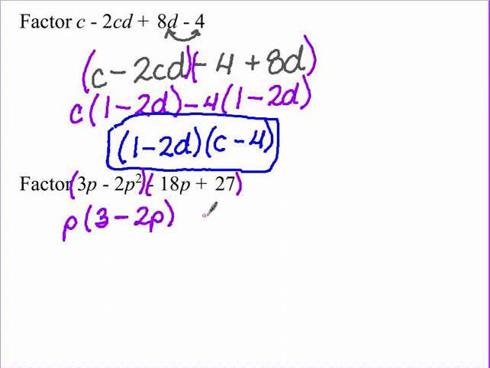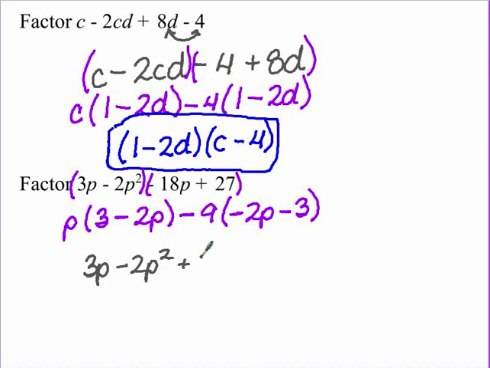What can you take out of the second? A negative 9, and I get negative 2p minus 3. So this is a flipper. Got to switch those last ones around. So 3p minus 2p squared plus 27 minus 18p.